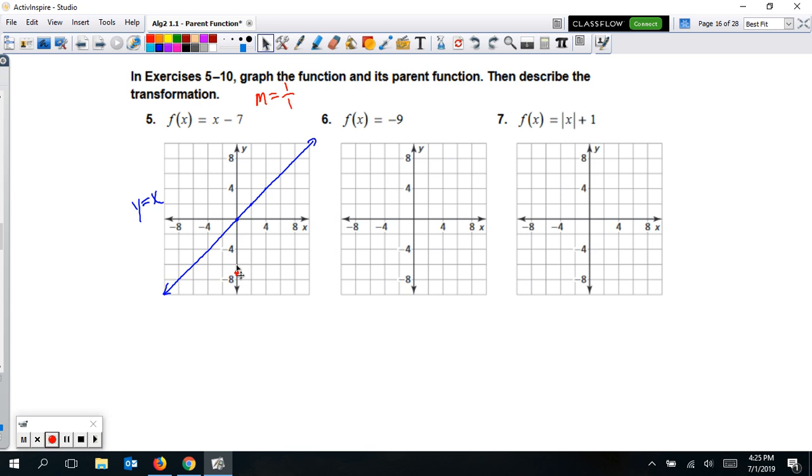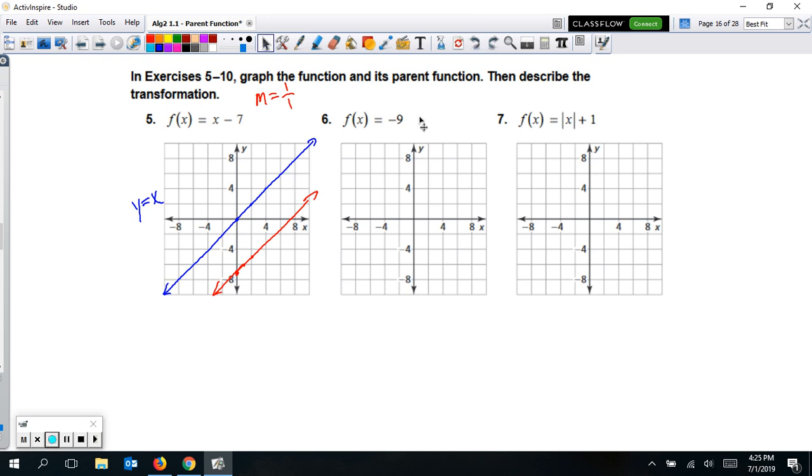So if we rise 1 and we run 1, that puts us right about there. So let's put a point right here now. And then you can just use your straight edge to go ahead and graph that line as well. Now these lines, since the slope did not change, as you can see here, it's still 1 like it was here. You can see those lines are parallel. They're parallel lines when the slope is the same.